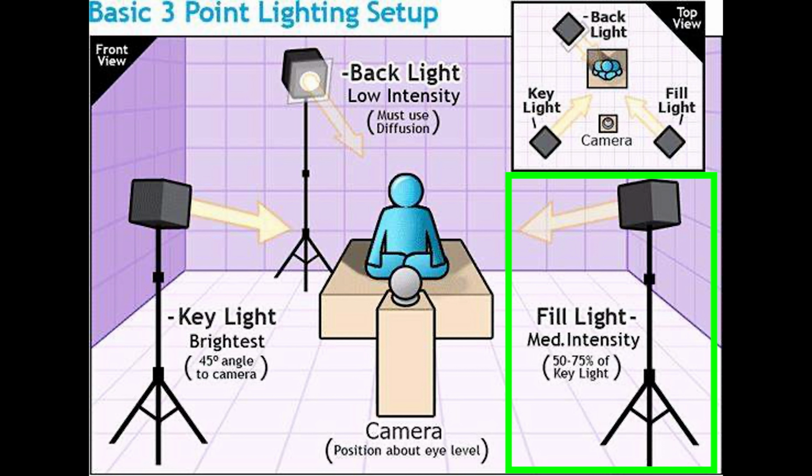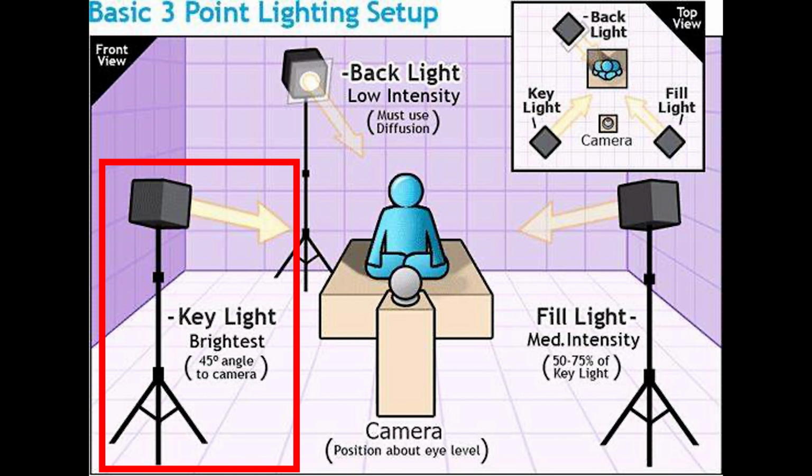So I want you to think of this on the right, the fill light, not necessarily as a second source of light at 50%, because you're not likely to be using a three light artificial setup. I don't want to freak you out with that idea. But think of the fill light as a sheet of white card, literally, that you might use to bounce back some of that light. First of all, though, let's keep things simple.